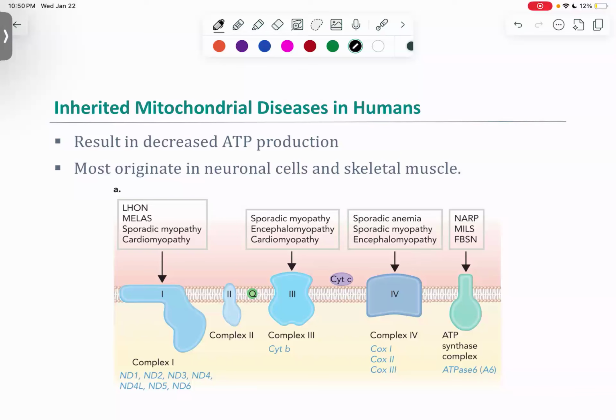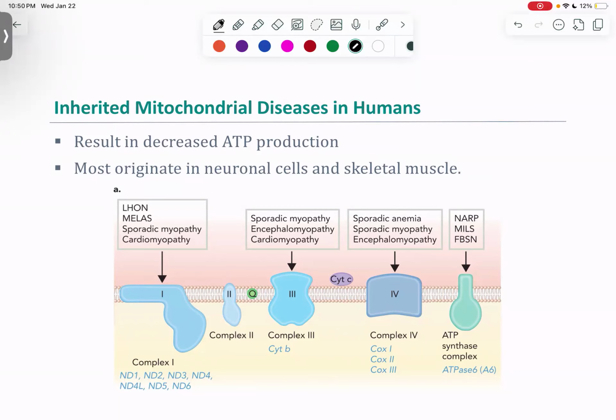So when the sperm fertilizes the egg, the tail of the sperm drops off, and basically only the head is retained. And so all of the mitochondria in the growing embryo come from the mother. So all of the mitochondrial DNA is passed from mother to offspring because it's only derived from the egg. It's really kind of cool.